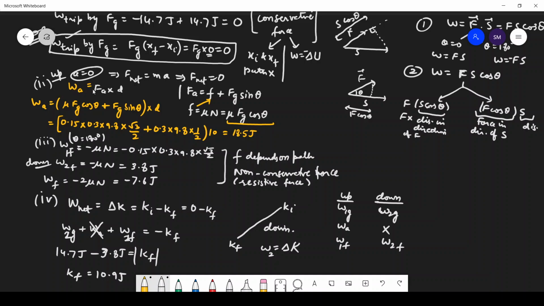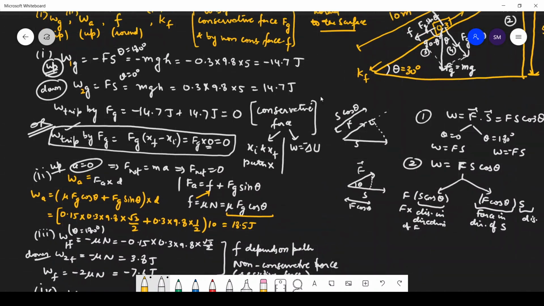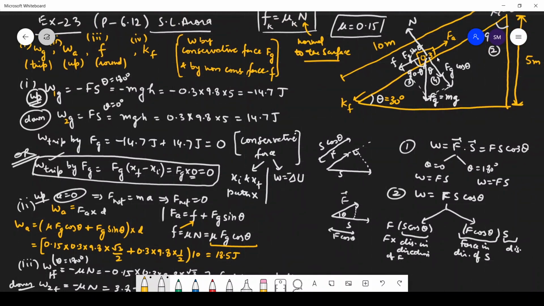So work done by the applied force for the upward journey is the force applied into the displacement. What is the force applied? Here I am taking this box with acceleration 0. So acceleration 0 means the net force is 0. So net force 0 means the force in this direction is equal to the force in this direction. So the force applied is in this direction over the inclined plane, and the force in the downward direction was the force of friction and a component of gravitational force, which was Fg sine theta.